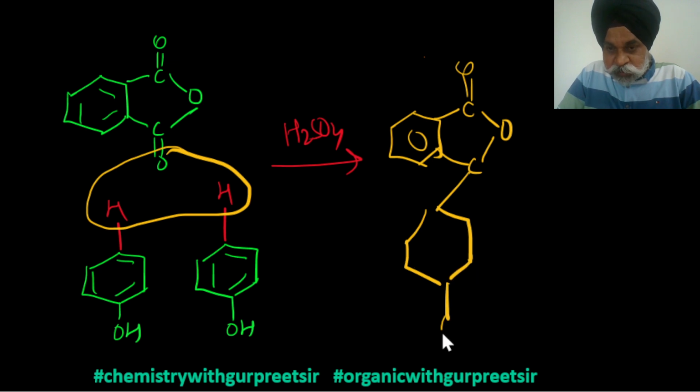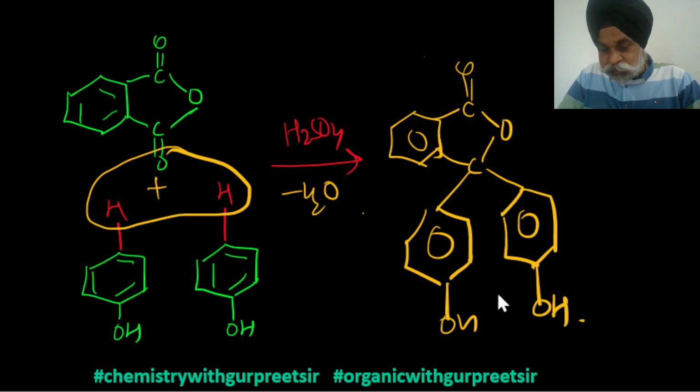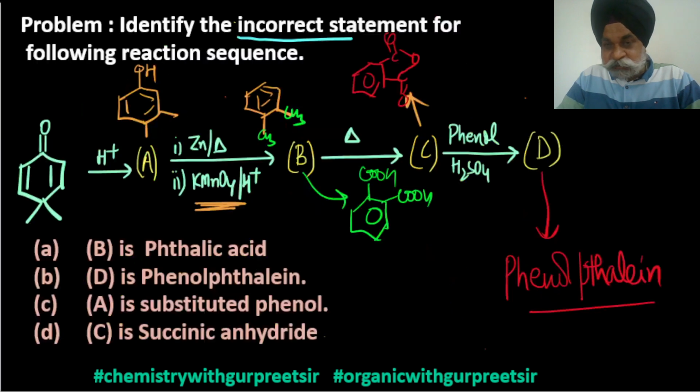This does engage a good amount of understanding of the mechanism, but at this point of time, let's first solve the problem, and in some other lecture I will explain the mechanistic viewpoint of this reaction. So water goes out, and this compound we call phenolphthalein. So in this one question, a lot of things have been checked. The last answer we got is phenolphthalein.